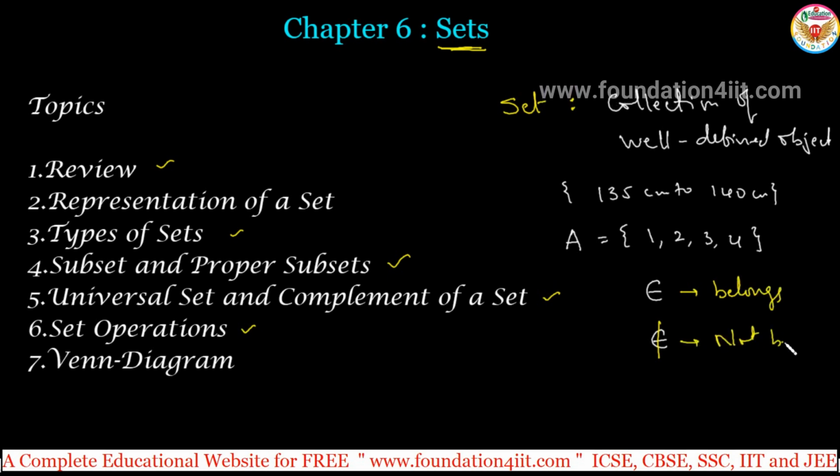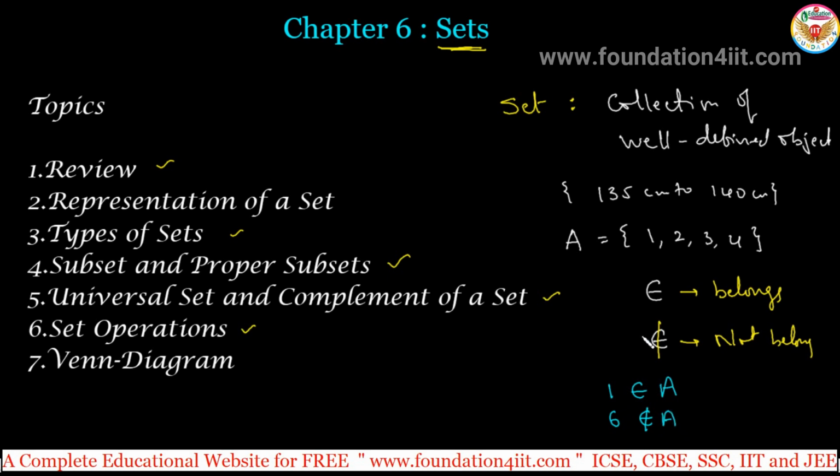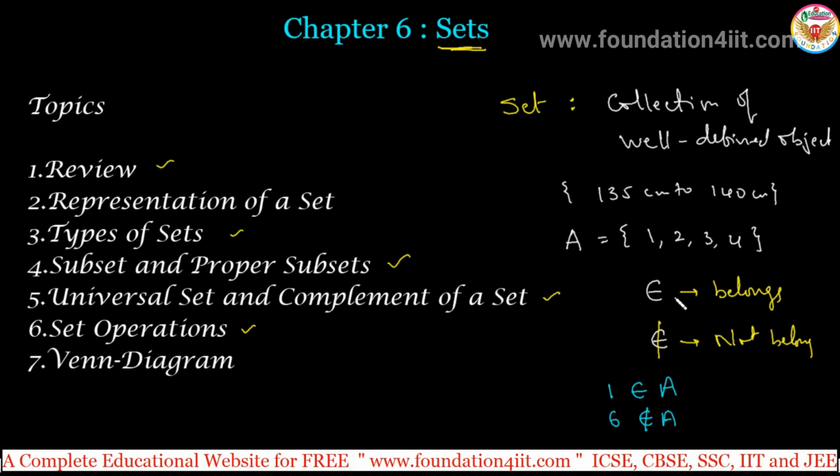This for not belongs to. That means in set A, for example, 1 belongs to set A. So 1 is in set A. And 6 does not belong to set A. To use the words, either the particular element is there in the set or not, we can use this belongs to word. Okay, these are the main things.